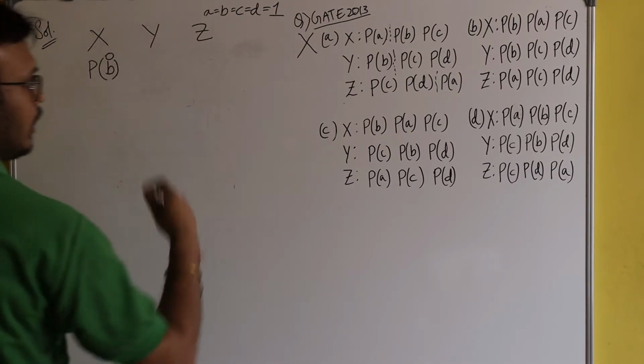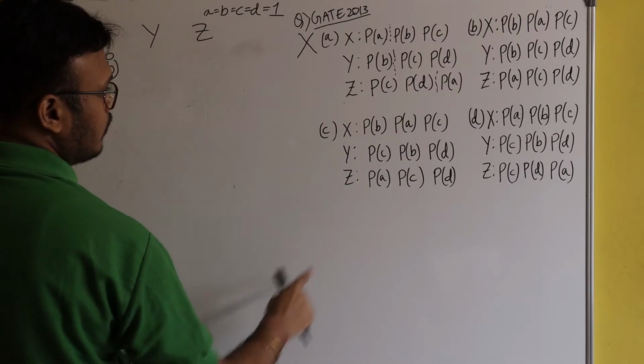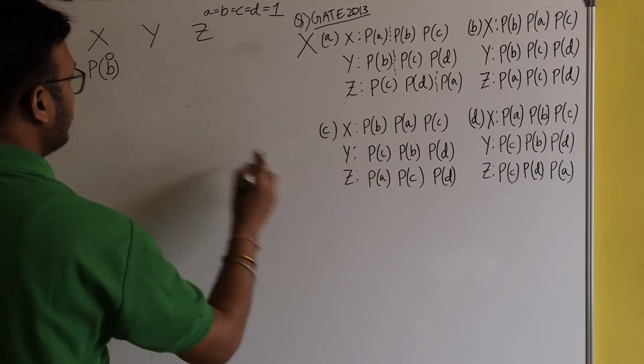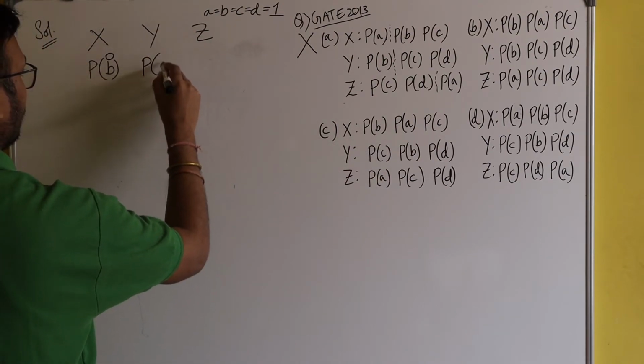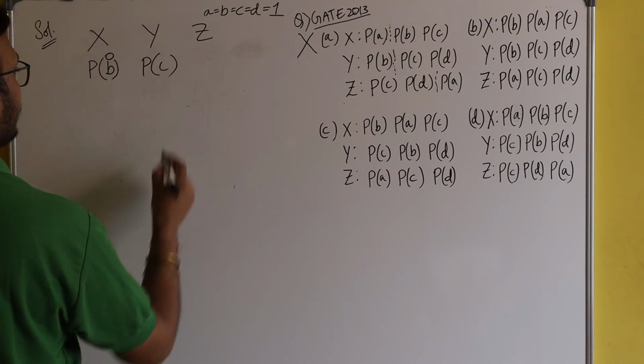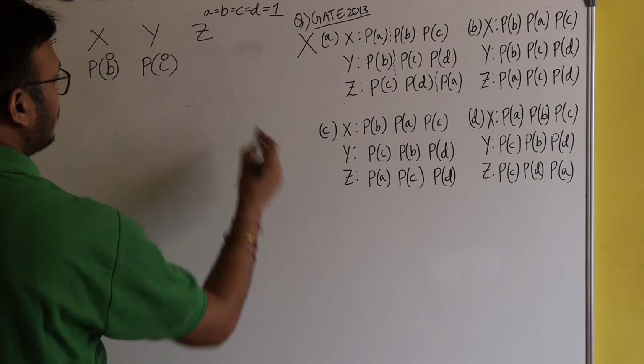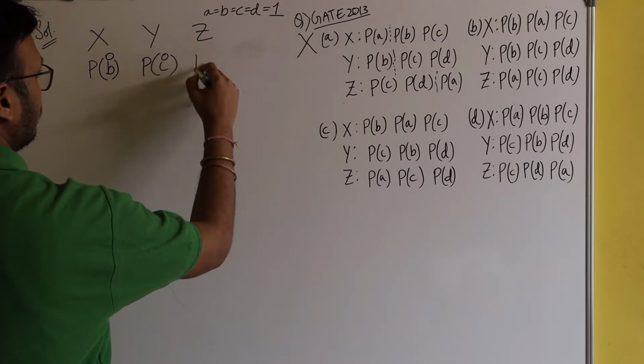Now the CPU is given to process Y, so process Y will execute PC. After successfully executing, the value of C is 0. And after that, the CPU is given to process Z.